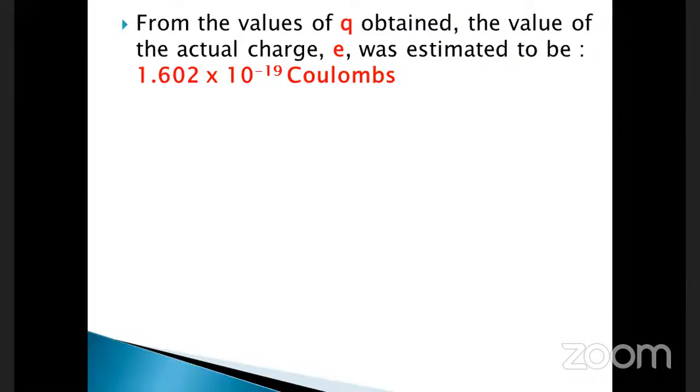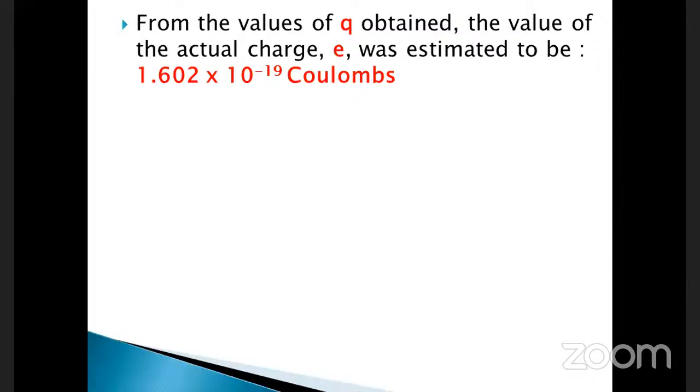So invariably, from the values of Q that were obtained, the actual value of charge e on the electron was estimated to be 1.602 times 10 raised to power minus 19 coulombs. We're not going into too much detail of the experiment.